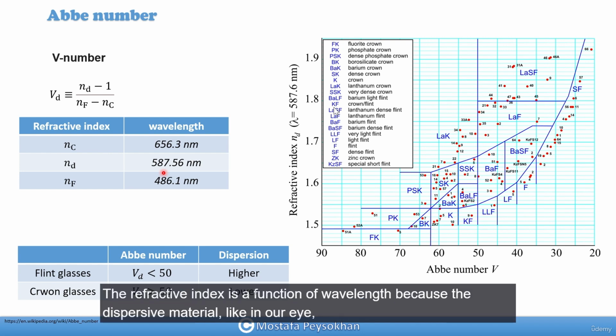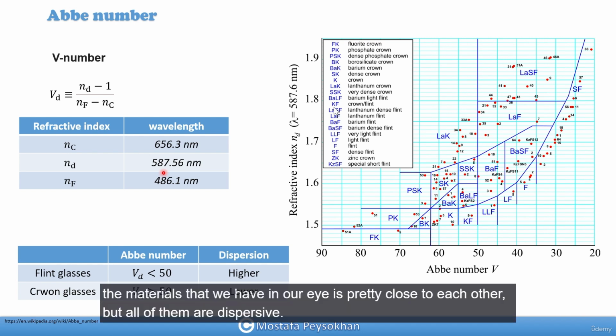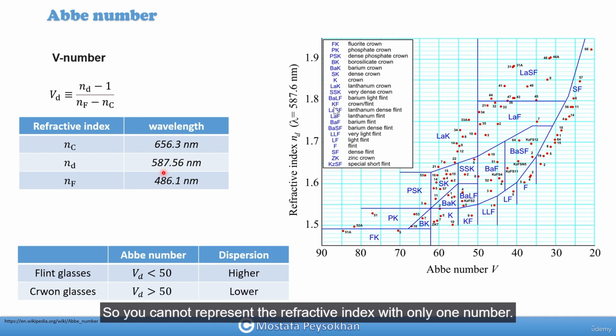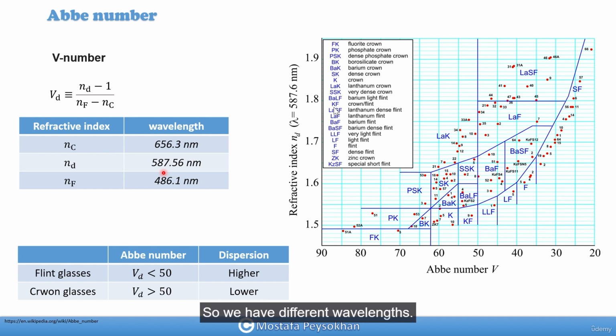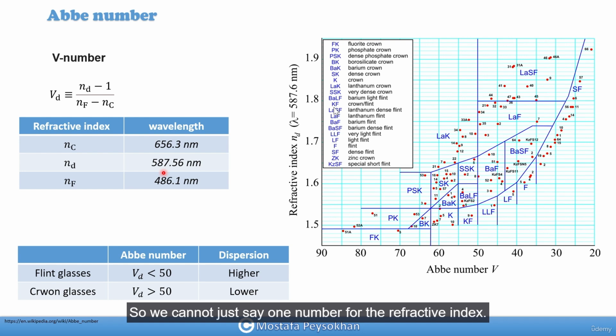The refractive index is a function of wavelength because it's a dispersive material. Like in our eye, the materials we have are pretty close to water, but all of them are dispersive. So you cannot represent the refractive index with only one number because we have a spectrum of light, different colors, from blue, which is 400, to red, which is about 700. So we have different wavelengths.